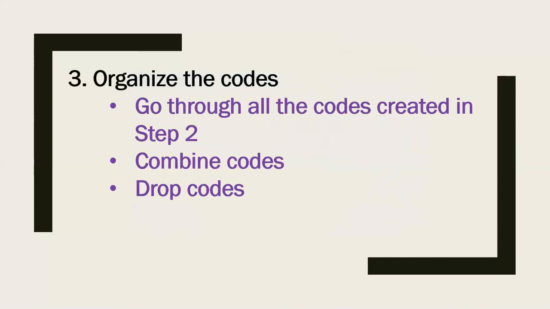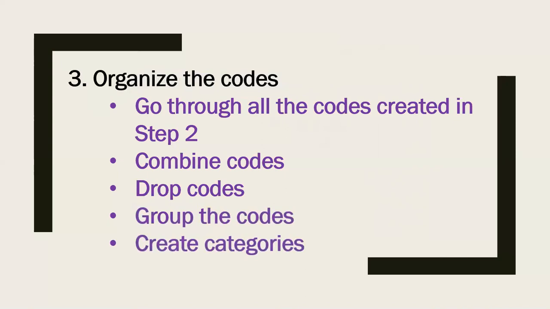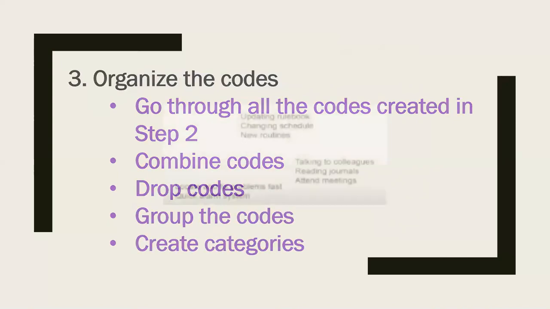Drop previous codes that you deem to be unimportant. Keep the codes you think are important and group them together in the way that you want. And after doing so, create categories. Here's an example of taking the labels and creating categories.